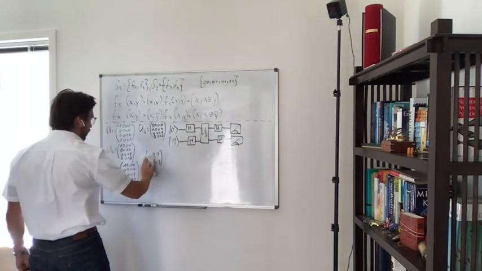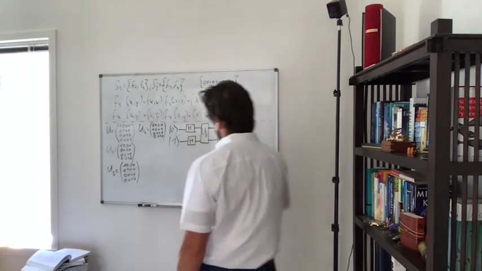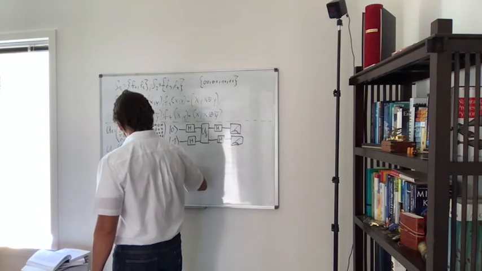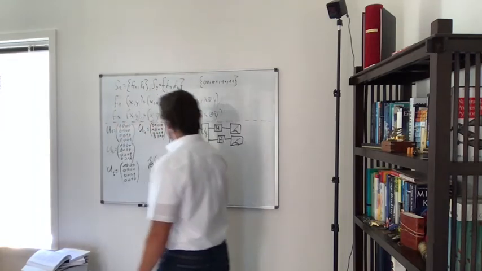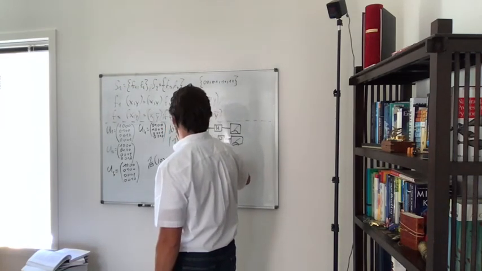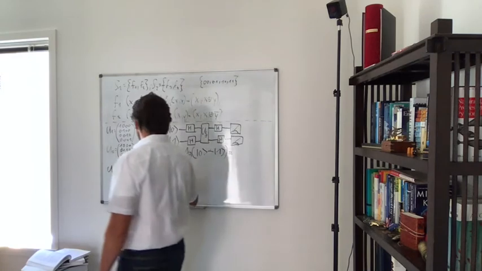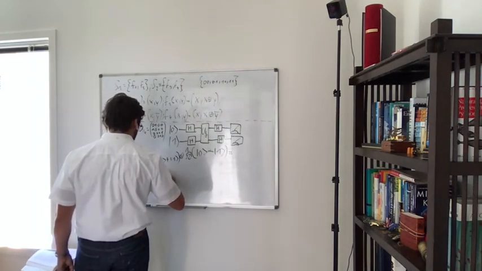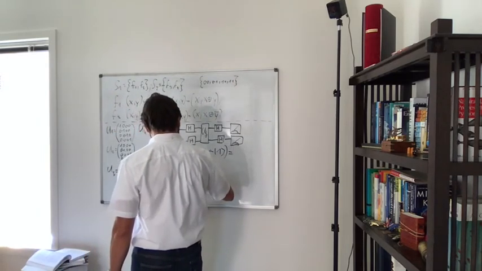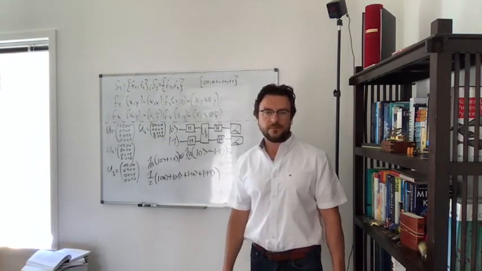We don't need to go through that calculation again, but if we apply it to the first one, then the result will be zero plus 1, and we apply it to the second one, which gives us 0 minus 1. Then we multiply that out. Gives us that state, okay?